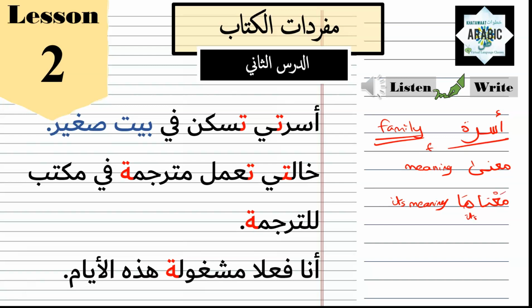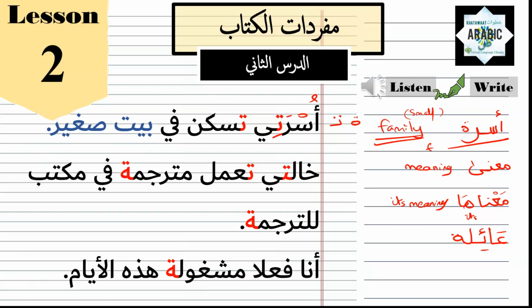Its meaning. أسرة معناها family, but immediate family is a small family. When I use the word عائلة, that's a larger family. So the word we have here is أسرة T, and we change the ta مربوطة to regular ta because we have my. أسرتي.